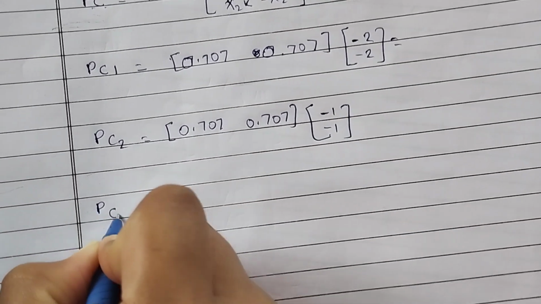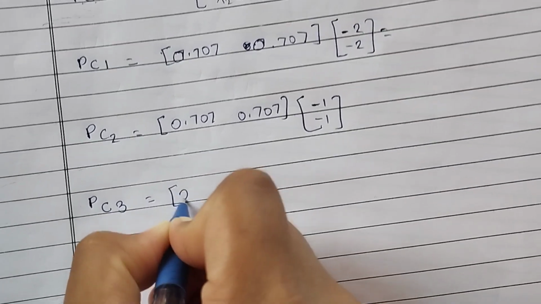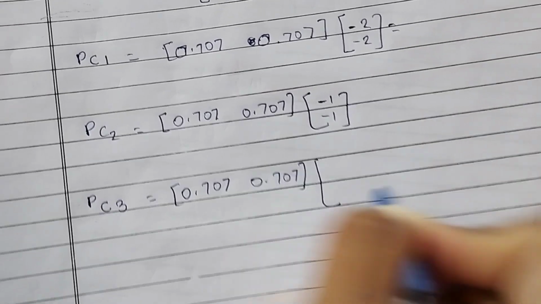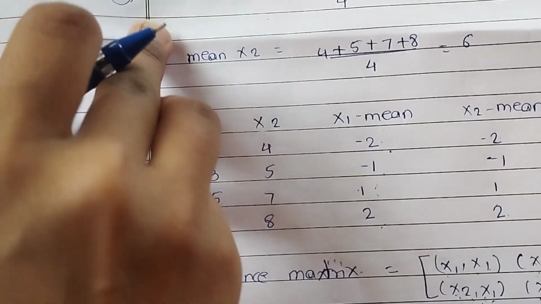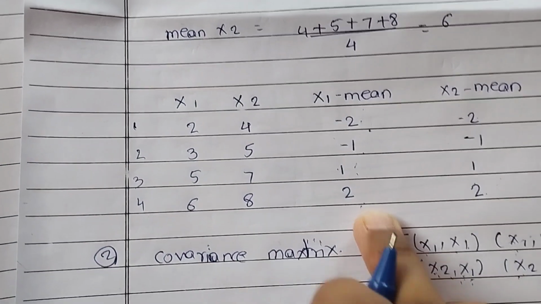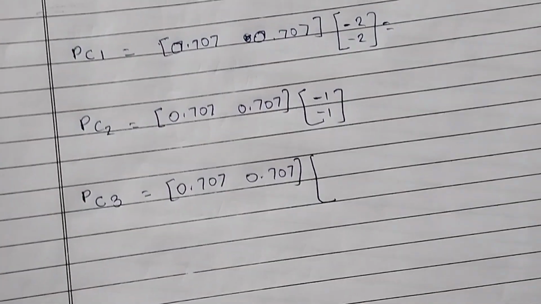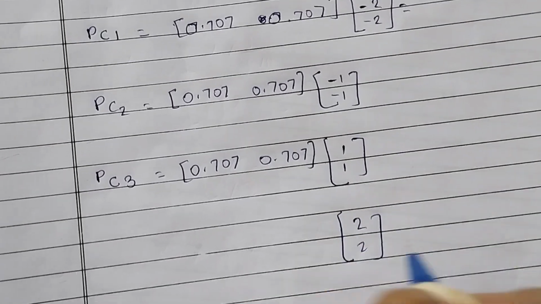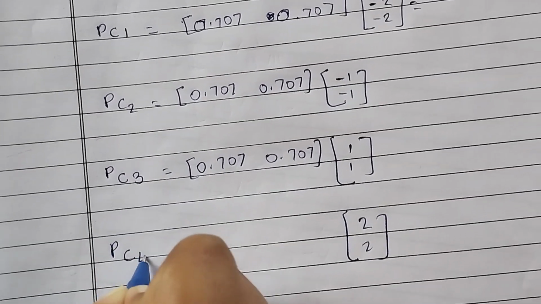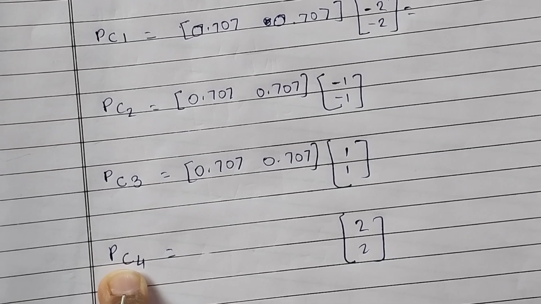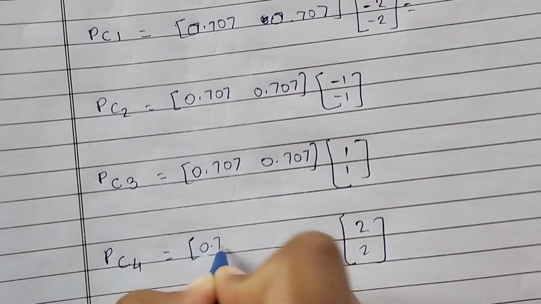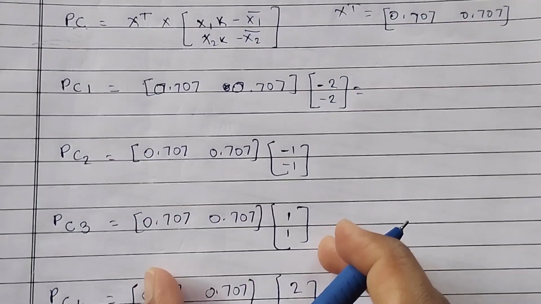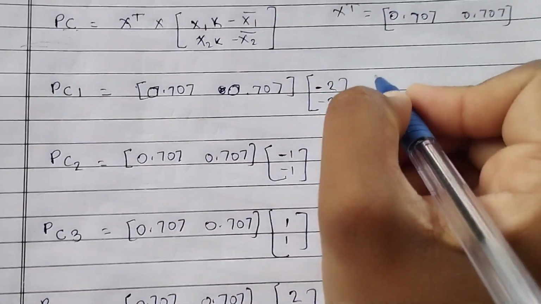Now for the same PC3: 0.707 into the third instance, so for that 1 1, and for the last, the fourth instance, 2 2. PC4. These are the principal components. Now just simplify the two matrices and get the answer.